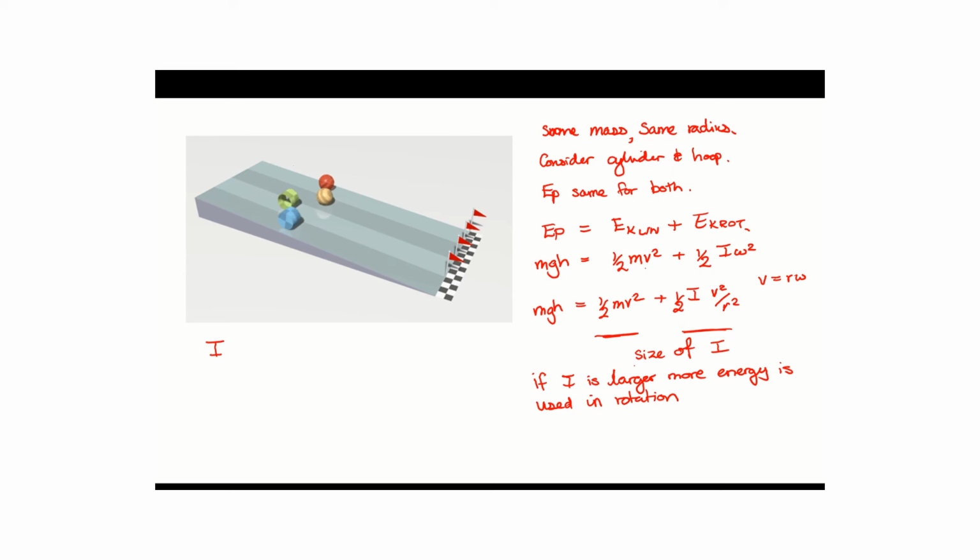But I for the solid cylinder equals 1/2 mr squared, and I for the hoop equals mr squared. So assuming they're the same mass and the same radius, this is larger. And if that's a larger I, the hoop uses more energy in rotation.